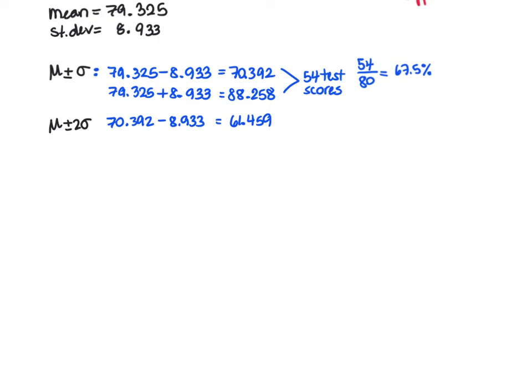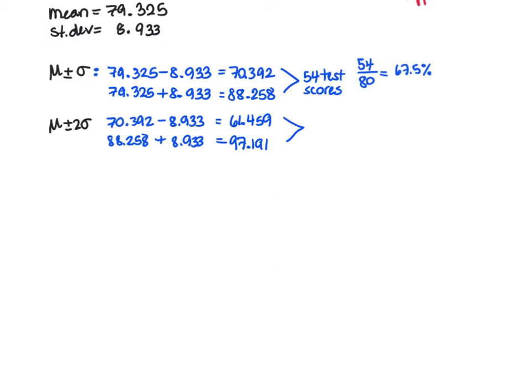That gives us a lower limit value of 2 standard deviations of 61.459. Now let's do 88.258 plus another 8.933. And that gives us a value of 97.191. So we're going to go back now to our list and see how many are inside that range.